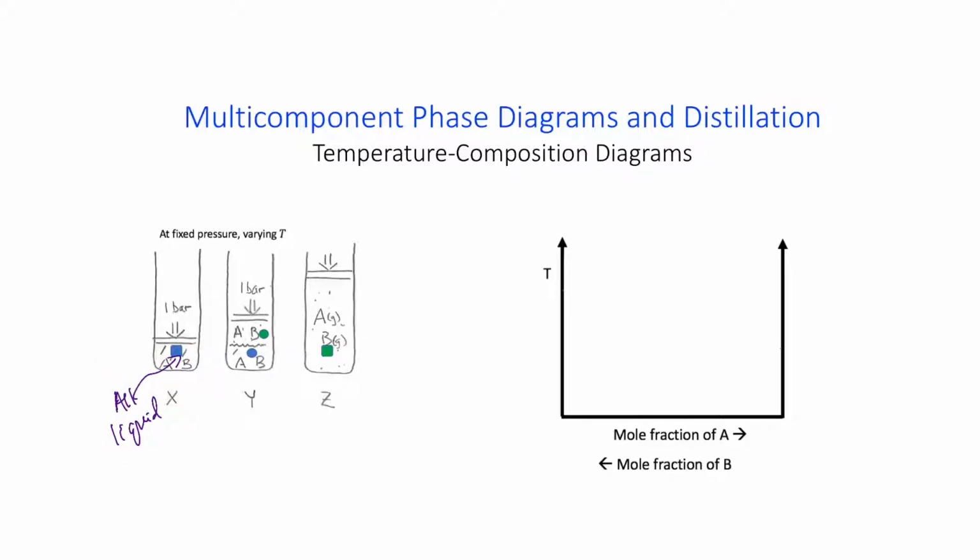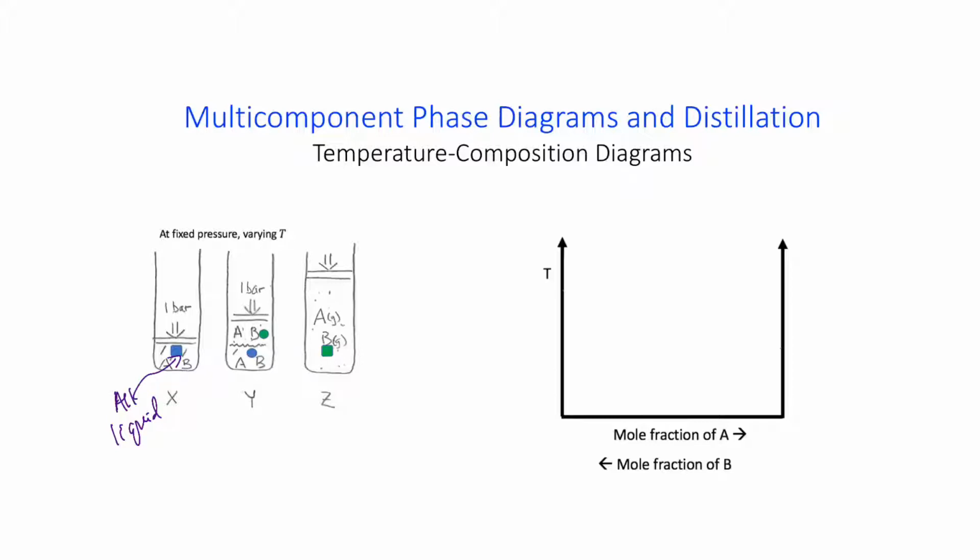Okay. As we begin to heat up our mixture, so here we're increasing temperature as we go across from X, Y to Z, we're going to start to vaporize our multi-component mixture.